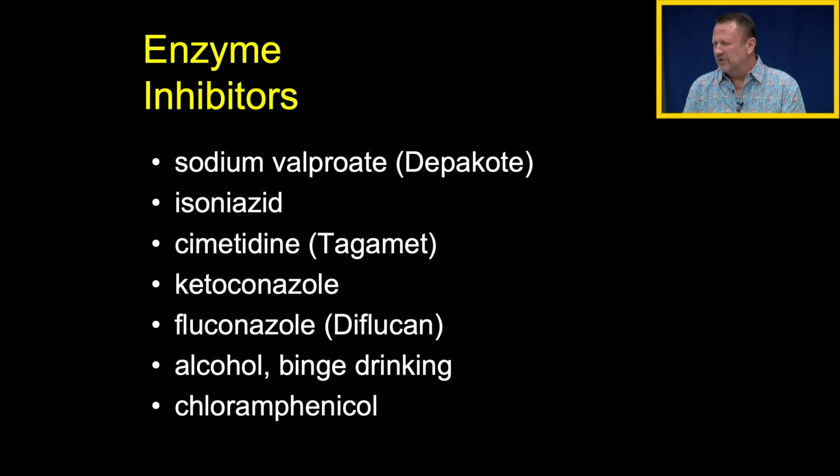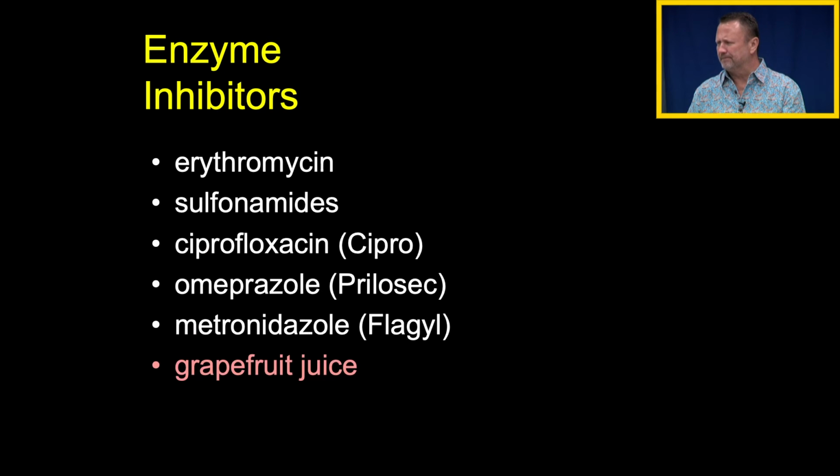Depakote, a seizure medication, isoniazid, anti-tubercular drug, Tagamet for the stomach. Ketoconazole is antifungal, Diflucan. A lot of the antifungal drugs have enzyme issues. Alcohol, bad. Chloramphenicol is an enzyme inhibitor. Erythromycin, commonly used medication.